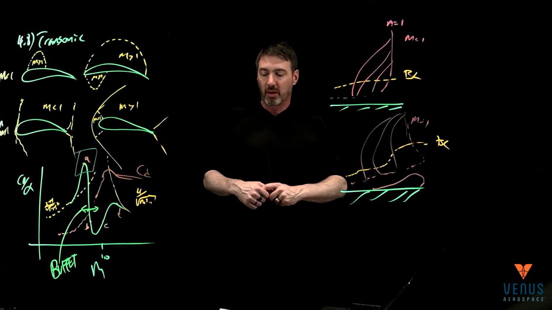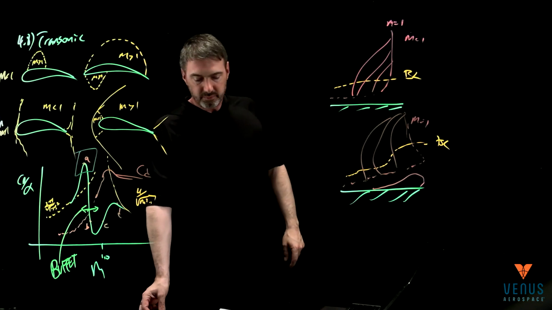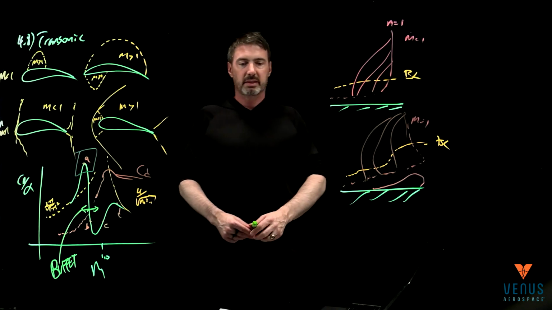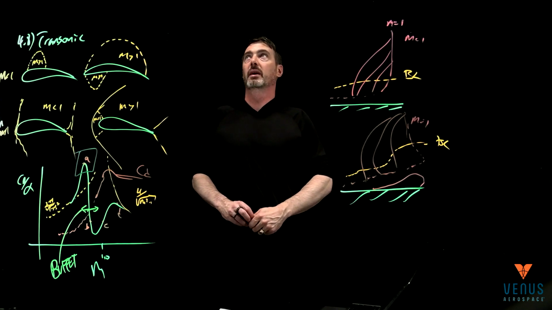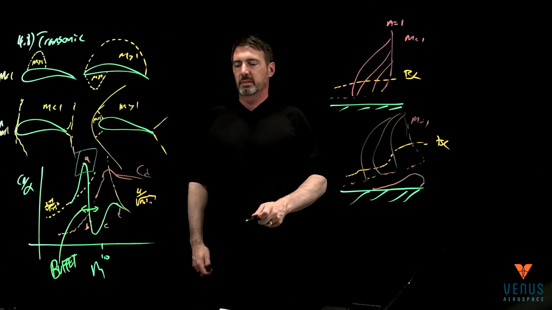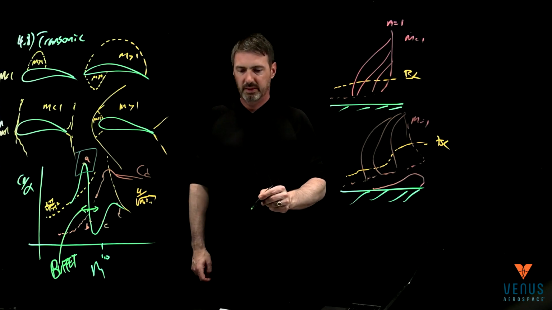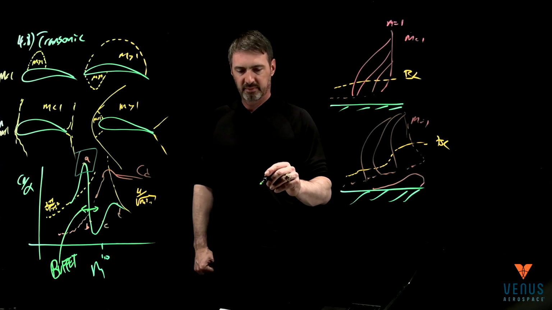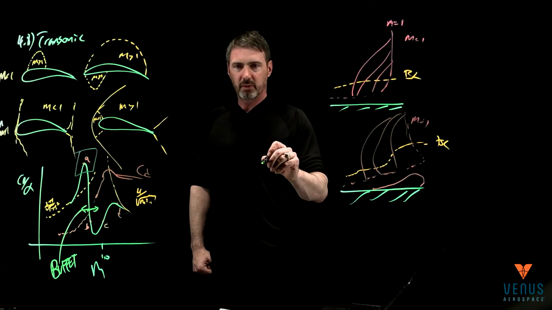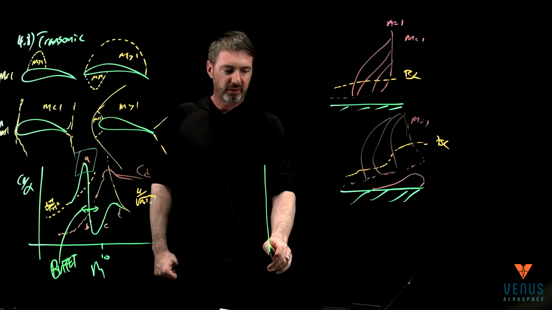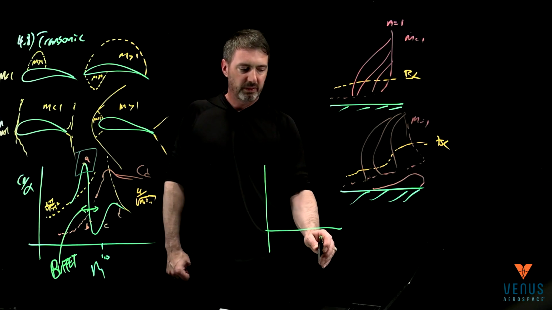In fact, one of the most terrifying graphs you could ever take a look at is, I'll draw it. It's called coffin corner. Usually it's drawn the other way, but I'll try to highlight.